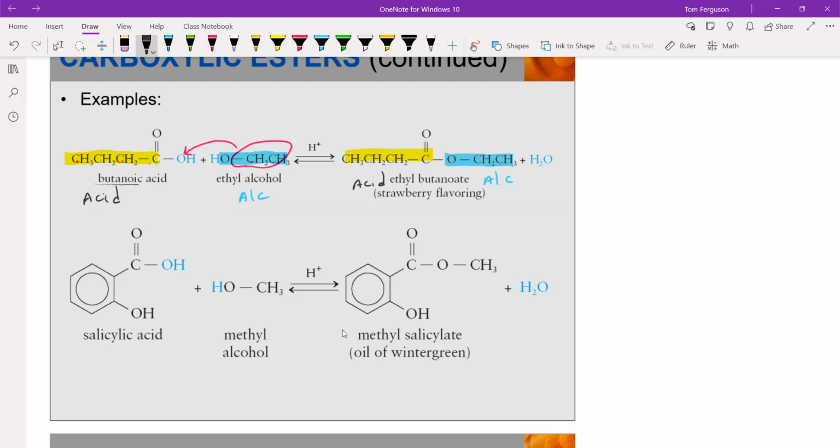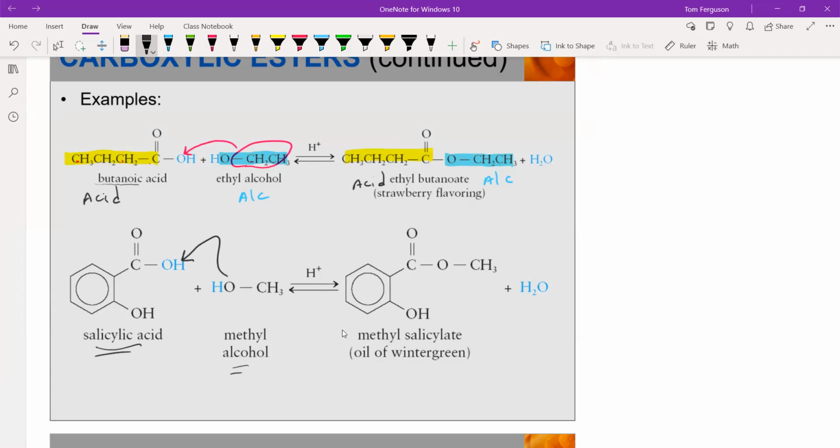Another example would be, this is salicylic acid. It's one of the main components of aspirin. When we make aspirin in a number of labs away, we're going to be using salicylic acid and a form of an alcohol to make aspirin. But if you take just plain old methyl alcohol, it's going to add to the acidic part of salicylic acid to form methyl salicylate, which is oil of wintergreen.